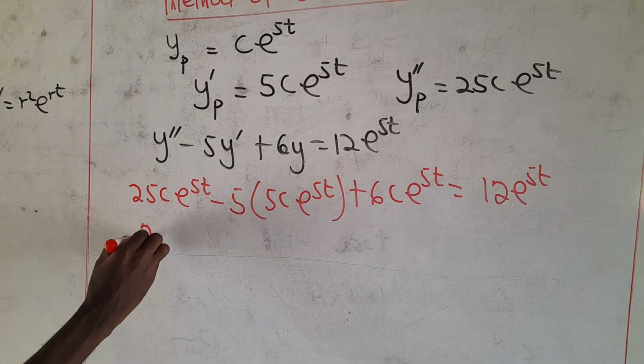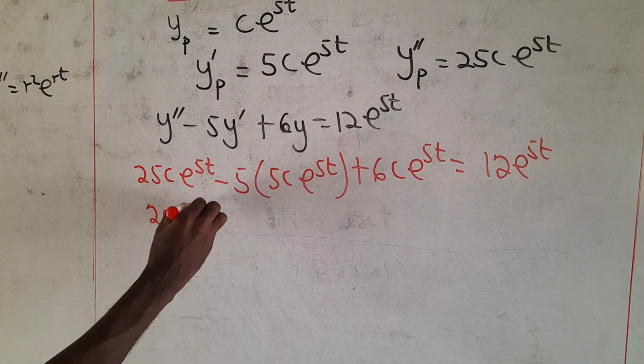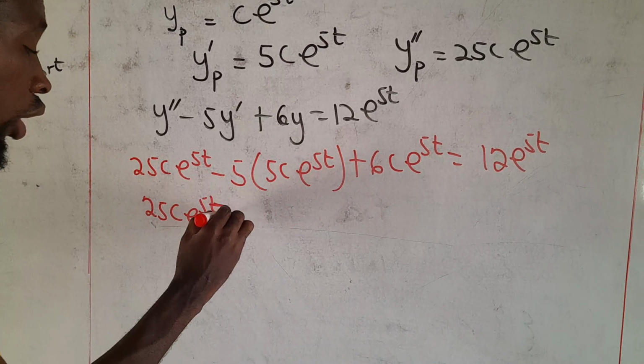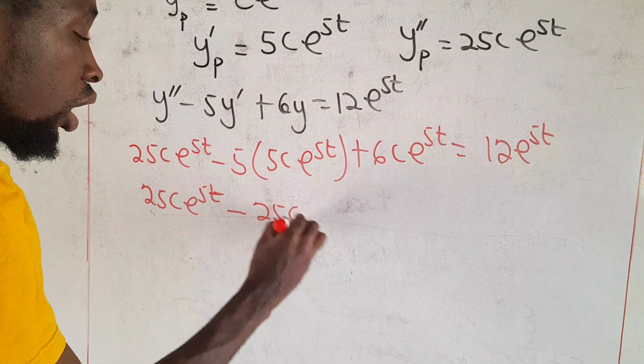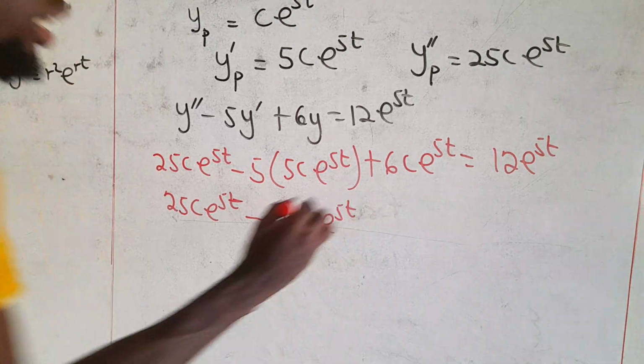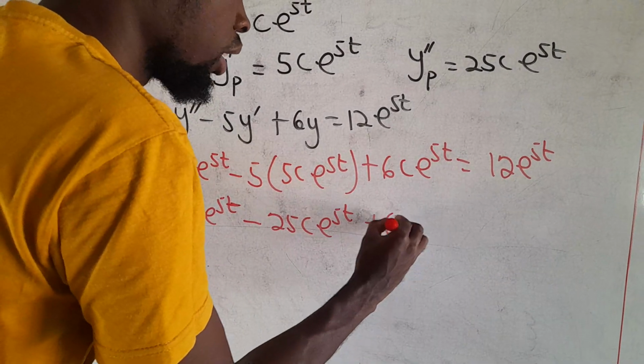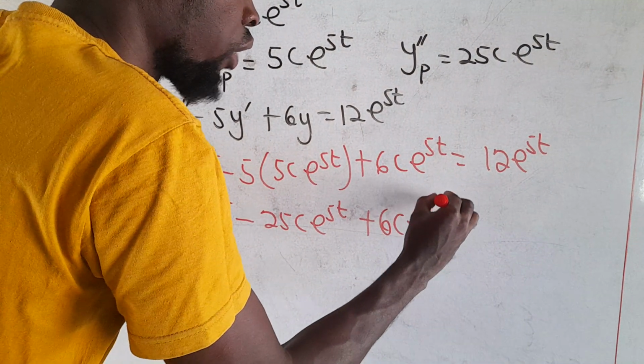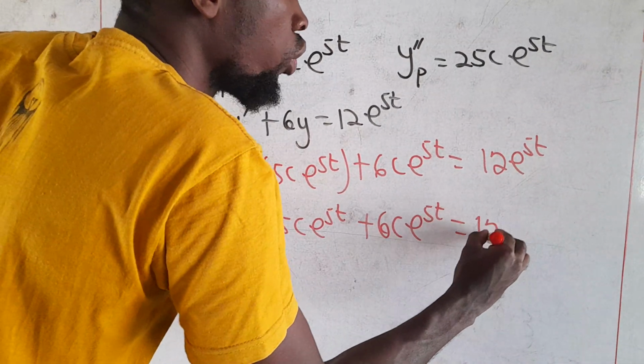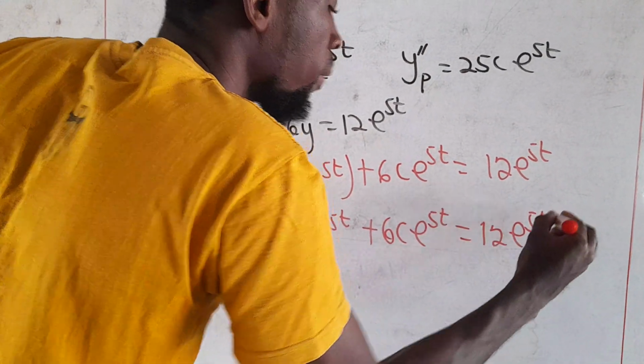What happened? We get 25ce^(5t). 5 times 5 will be 25, so we'll get minus 25ce^(5t) again, then plus 6ce^(5t) equal to 12e^(5t).